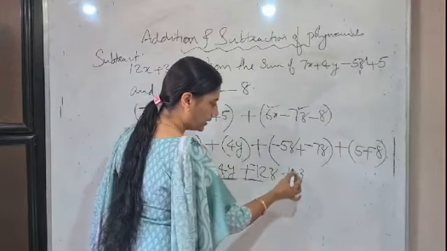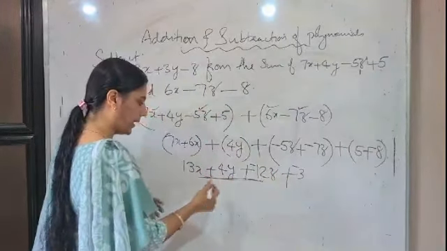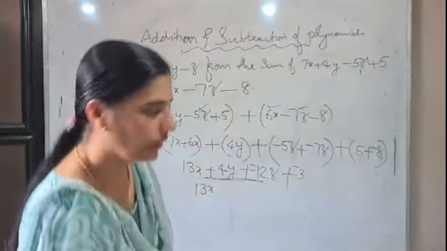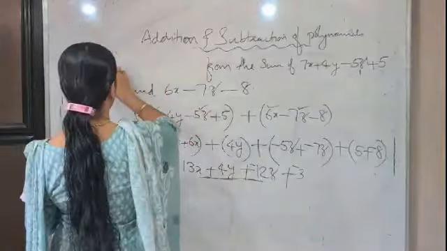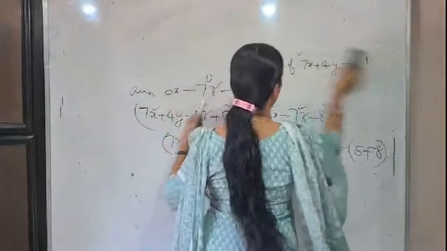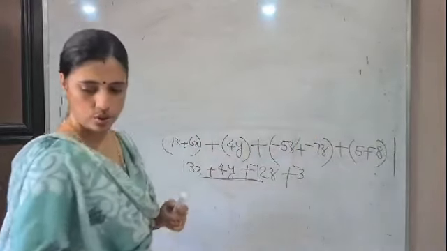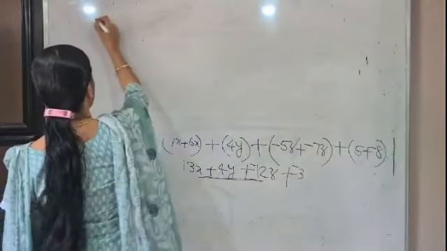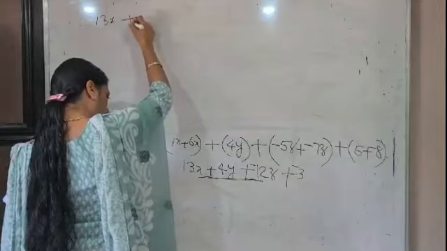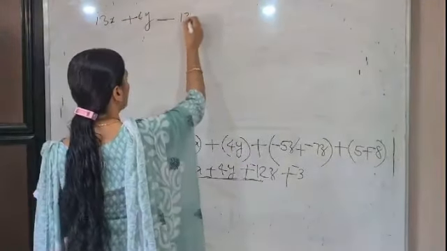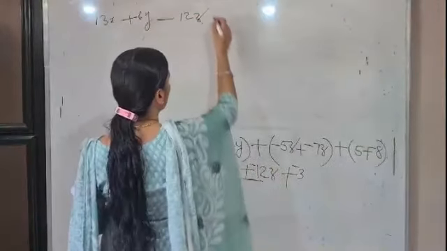Here plus you write and negative 3. So, answer is 13x plus 4y minus 12z, here also plus and negative 3.